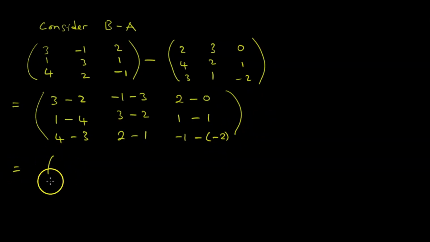What is this equal to? 3 minus 2 is 1. Then 1 minus 4 is minus 3. 4 minus 3 is 1. Minus 1 minus 3 is minus 4. 3 minus 2 is 1. 2 minus 1 is 1. 2 minus 0 is 2. 1 minus 1 is 0. Minus 1 minus minus 2 is minus 1 plus 2, which is 1.